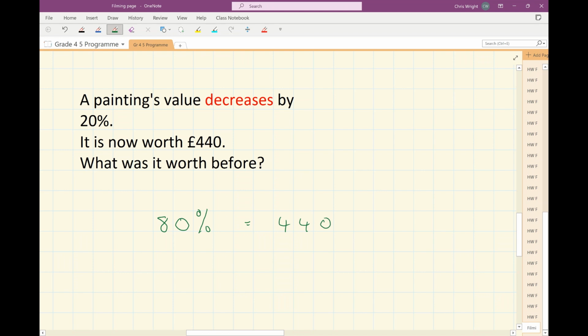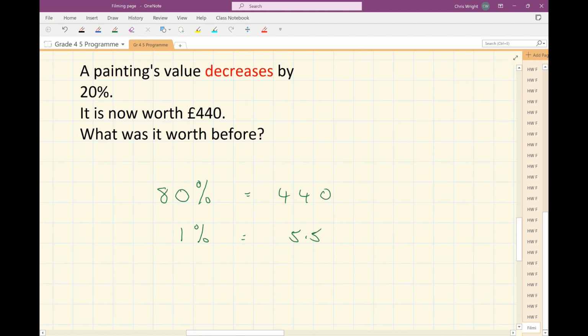So if 80% equals 440, we can work out 1% by dividing by 80. 440 divided by 80 gives me 5.5. And once we know 1%, we can work out 100% of the original value, the whole of the original value, by multiplying that 1% by 100, giving me 550.